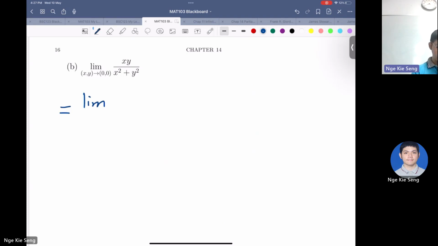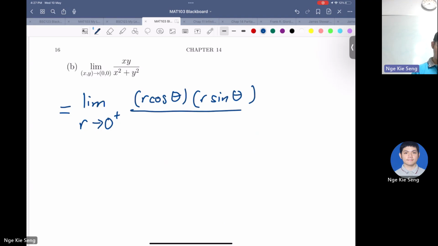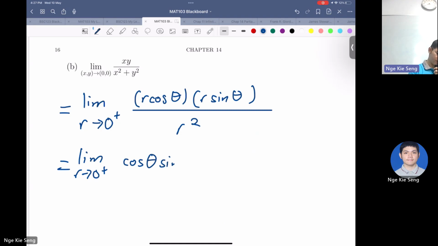After change of variable, this part here will become r goes to 0 plus. xy is what? r cos theta times r sine theta over r squared. So what you get here is cos theta sine theta.